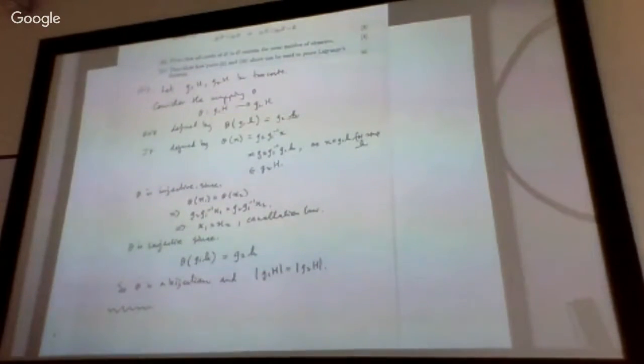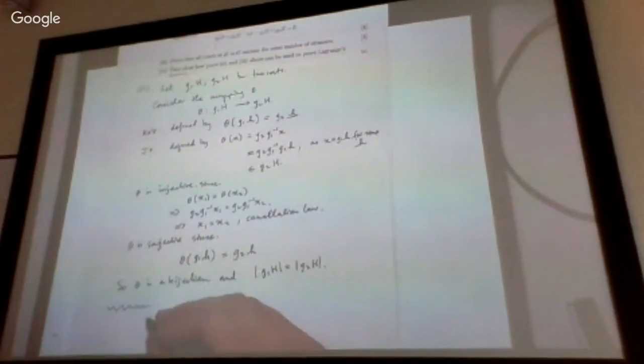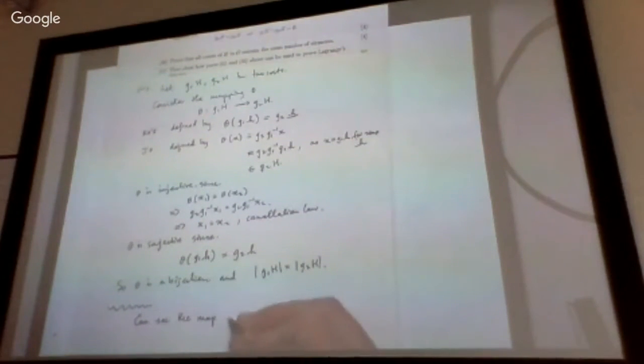The other thing I said before was showing that there's always a bijection to a reference set. We can still call the map theta, because it's the same map.